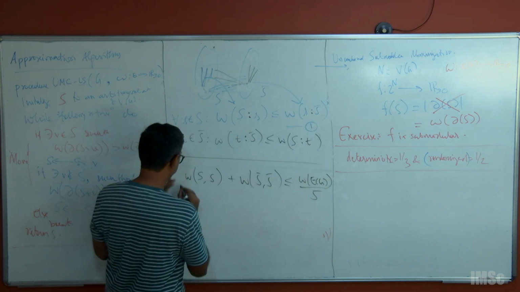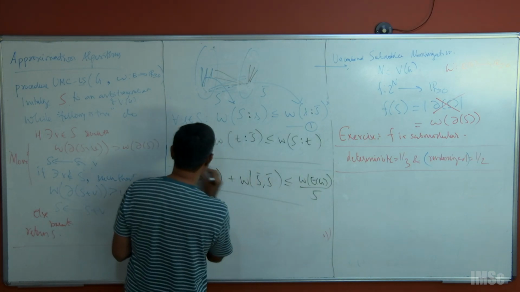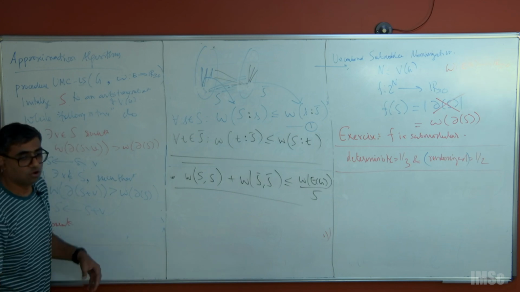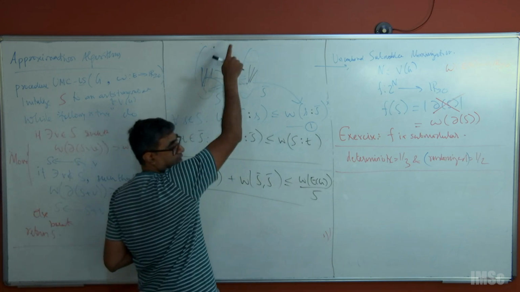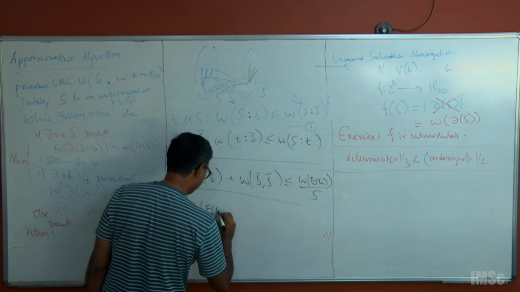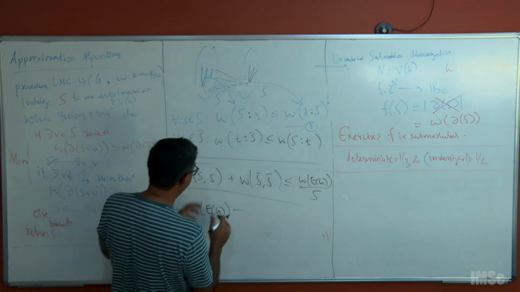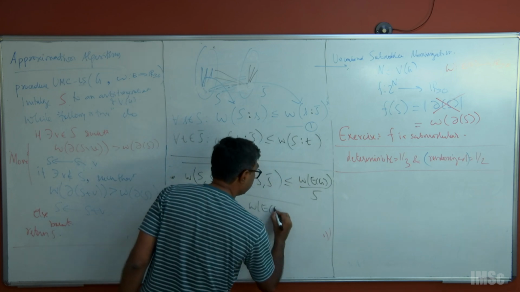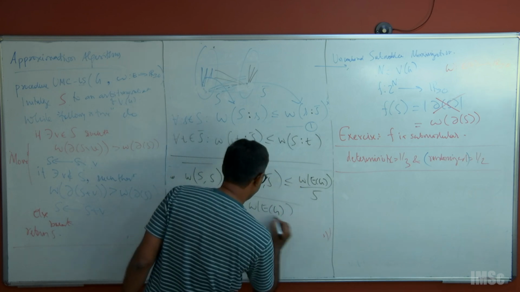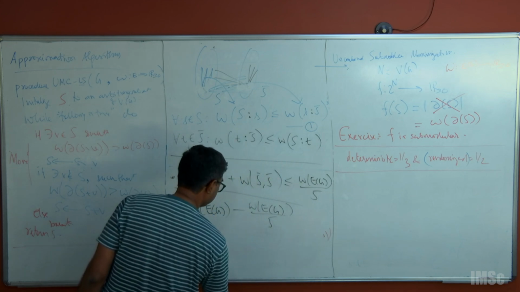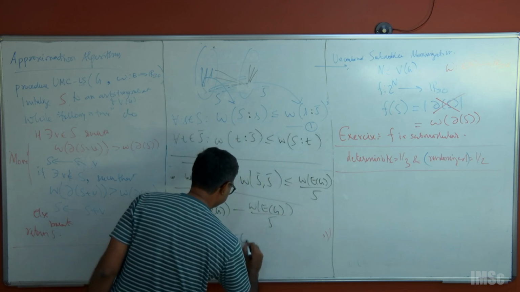If I can show this inequality, what does this imply about my algorithm? So what is the weight of edges which are coming here? It is the weight of edges minus this quantity, which is weight of EG by 5. So this is at least 4 over 5 times weight of EG.